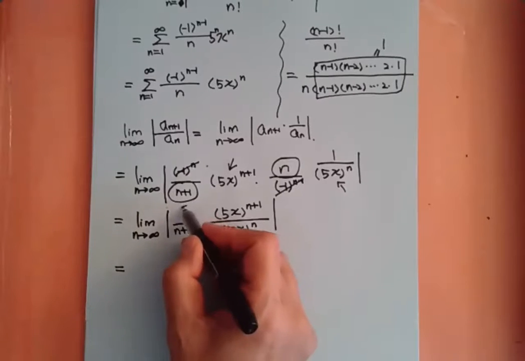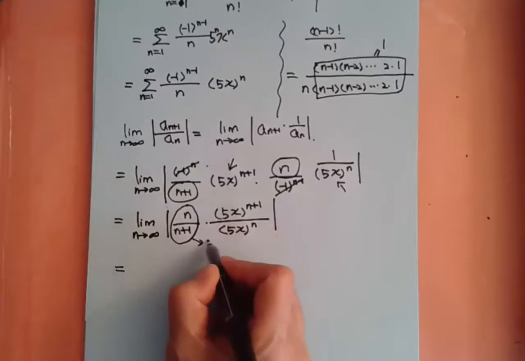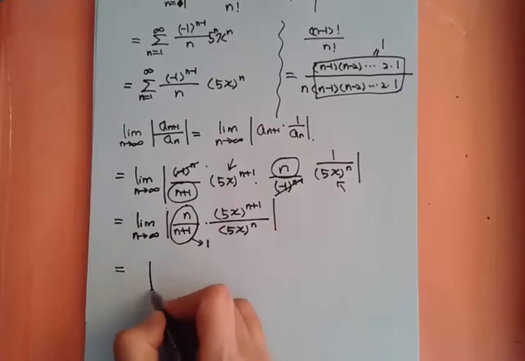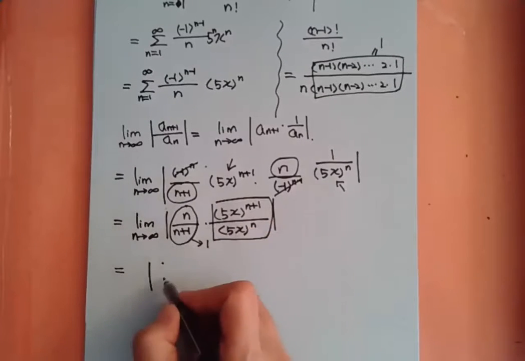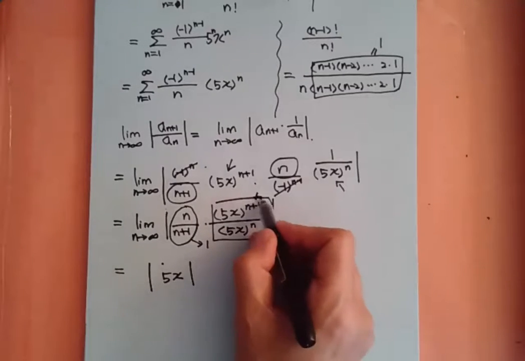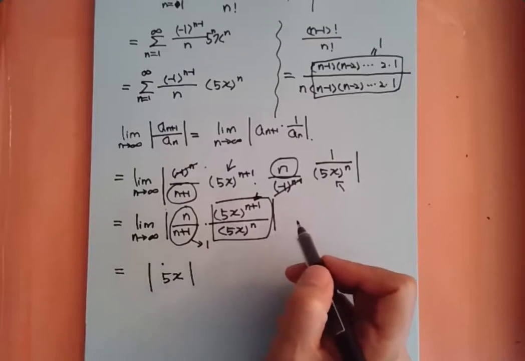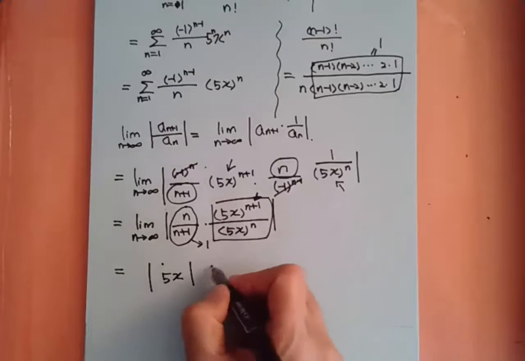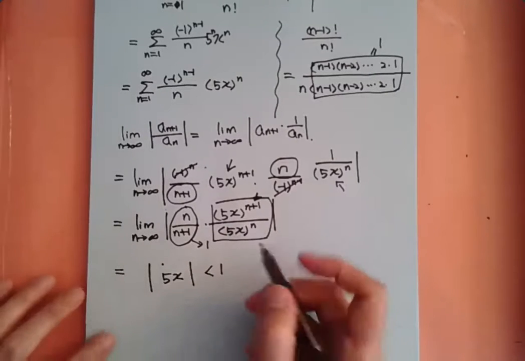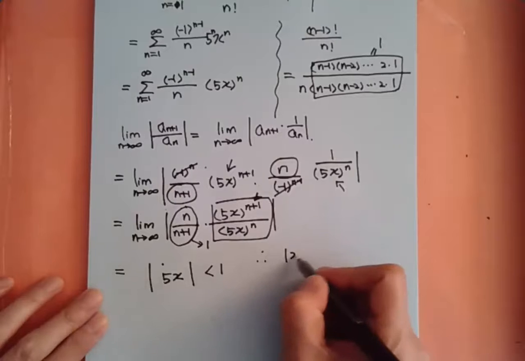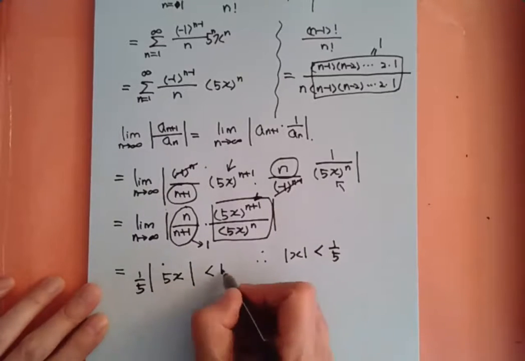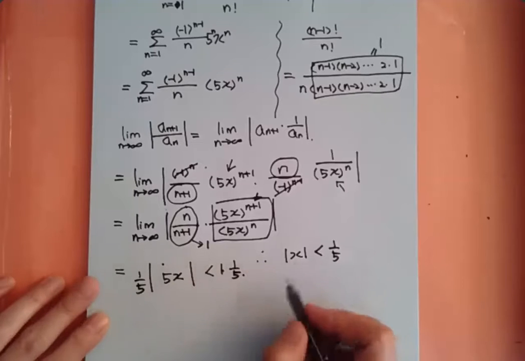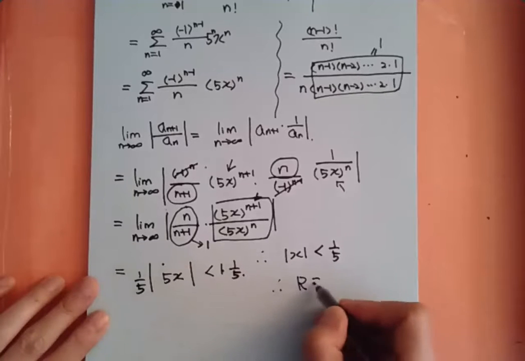So when n goes to infinity, this one goes to 1. For this part, absolute value of what? 5x, right? Because this says 1 more power, n plus 1 minus n is 1. So that must be less than 1. So that implies absolute value of x is less than 1 over 5 by multiplying by 1 over 5 on both sides. Therefore, r is 1 over 5.